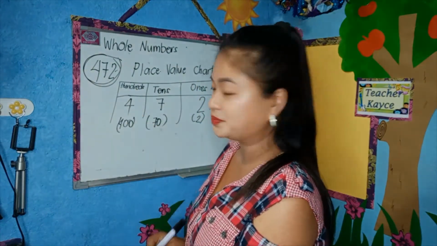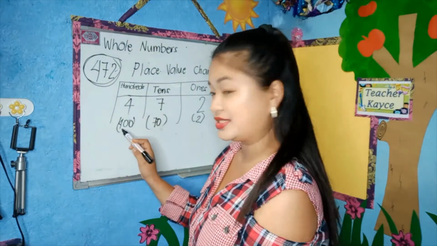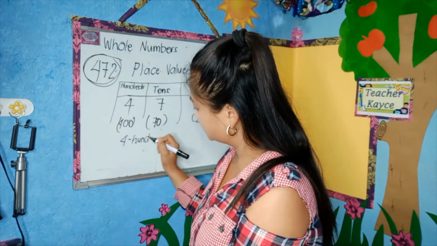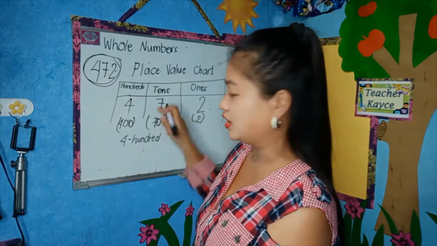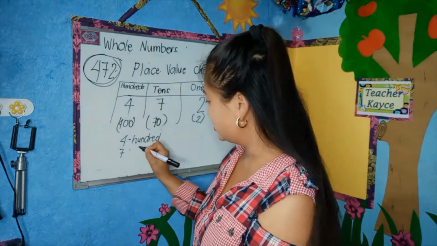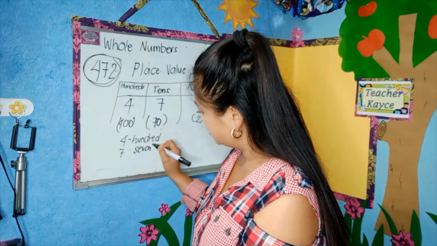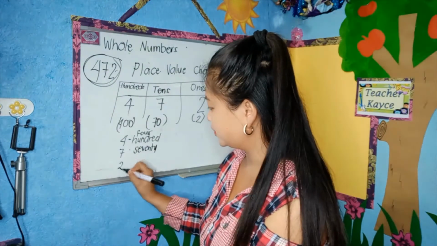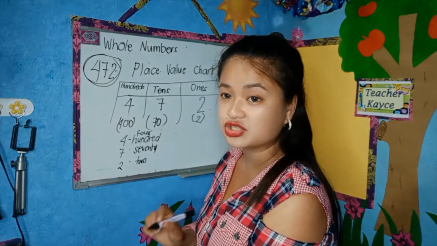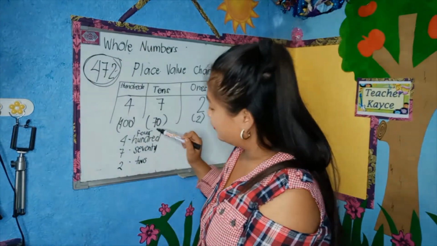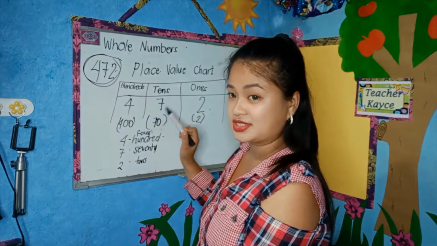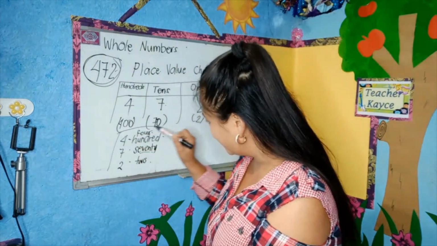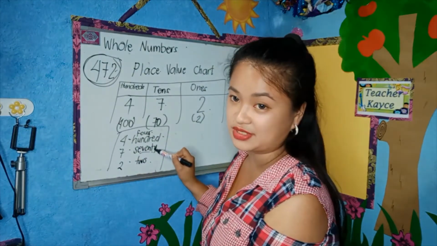So let's try to read it. We have 4, this is 100. We have 7 here as your 70. And then the last number is 2. So we have 400, 70, and 2. Again, let's read these whole numbers as 472.